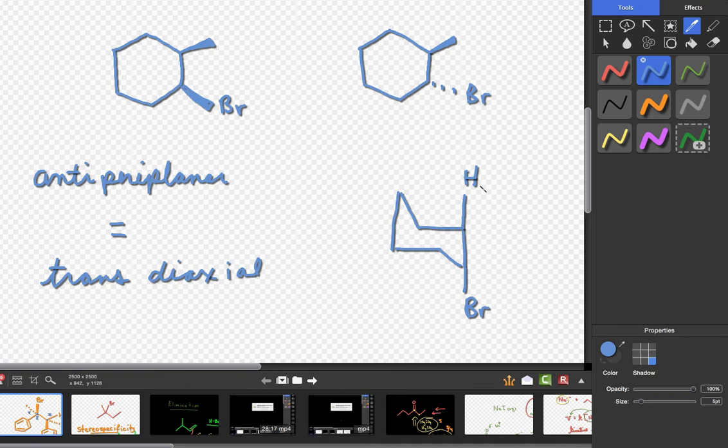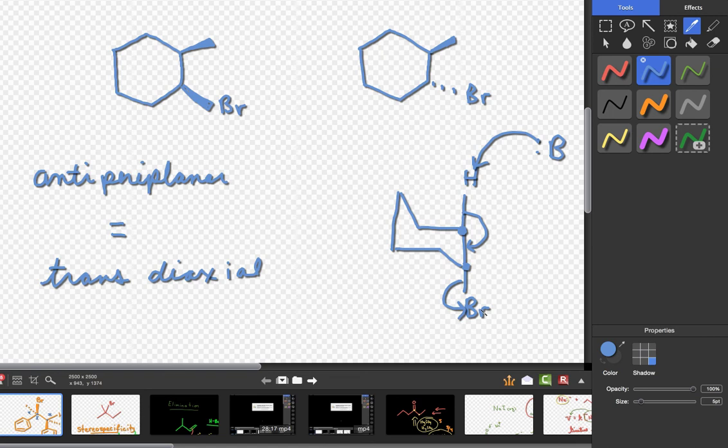Because they're on adjacent carbons, they also must be in the axial position. Then the E2 mechanism is in play. Extract a proton, make a carbon-carbon double bond, loss of a leaving group to yield the alkene.